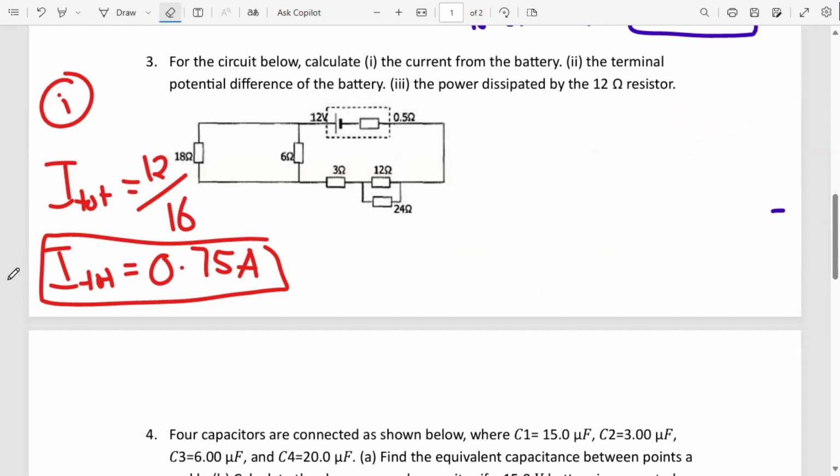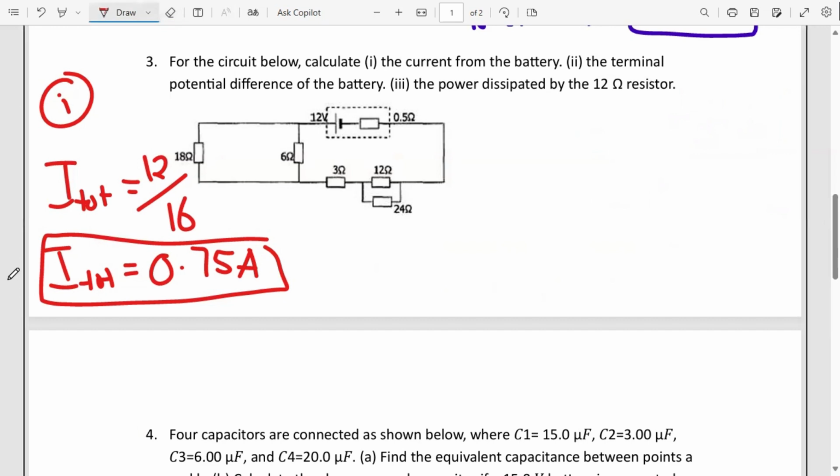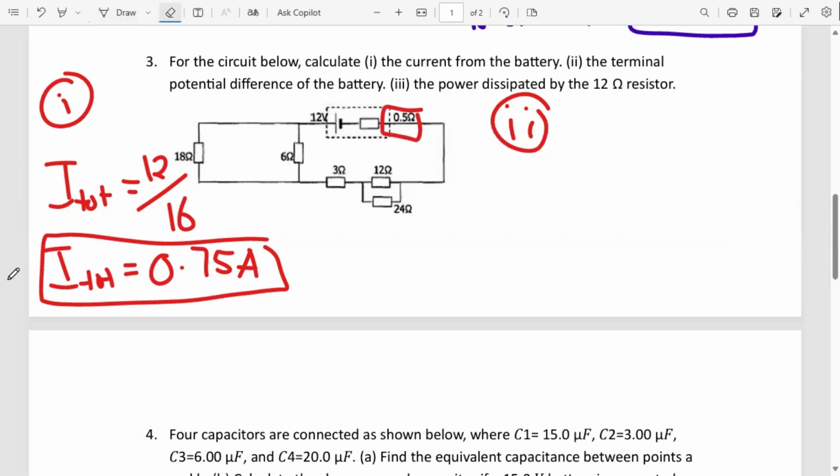So we now go to part two of the question. Terminal potential difference: there is internal resistance in this particular battery.